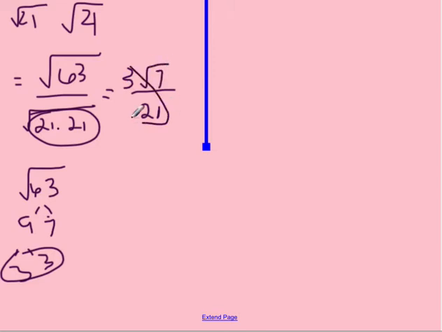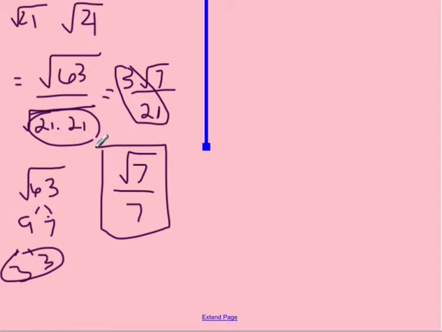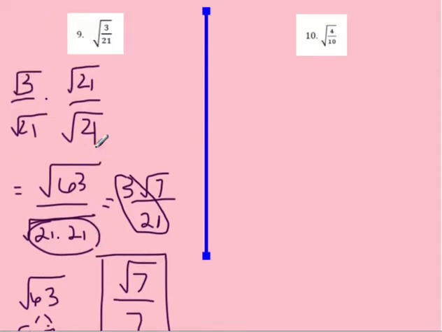So what I notice on the outside is that we have 3 and 21 on the outside. Both 3 and 21 are divisible by 3. So I can go ahead and I can reduce that fraction, which is going to reduce to 1 over 7. Since it's a 1, I don't need to write that on the outside of the radical. You can if you want to, but you don't have to. And then our denominator is just going to be 7. So we end up getting the square root of 7 divided by 7 for number 9.